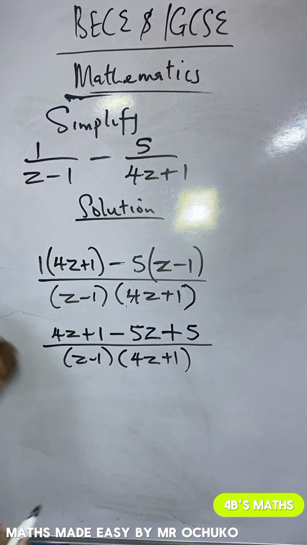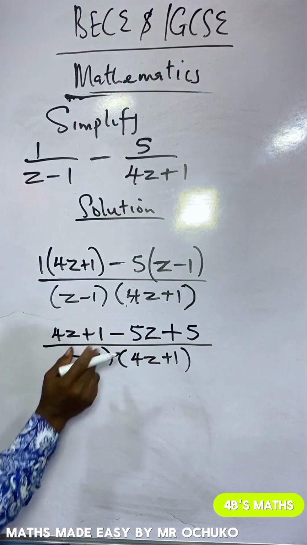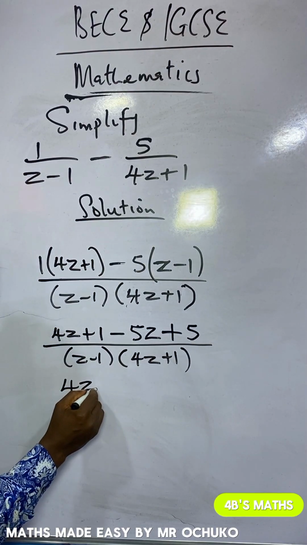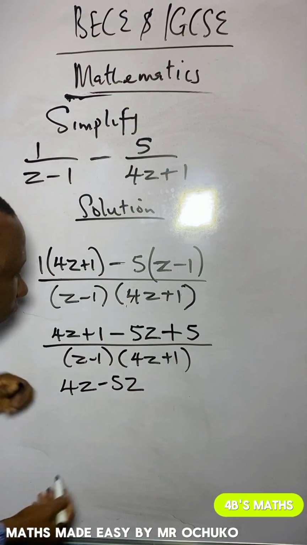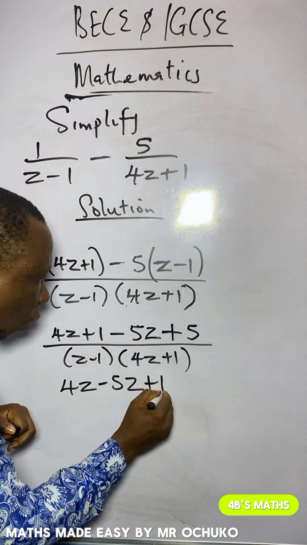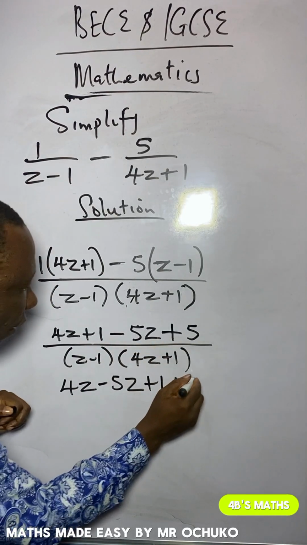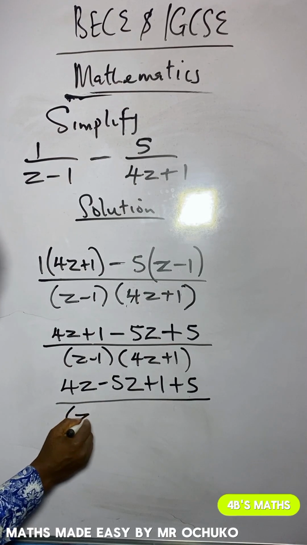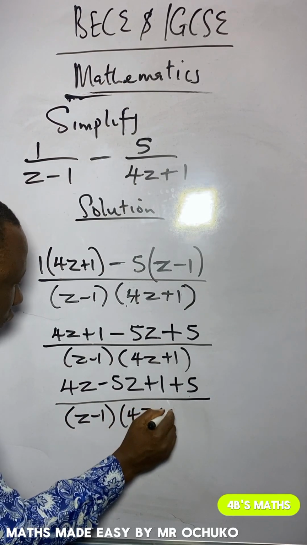So now we have to do the same thing. Collect like terms. What are like terms? The like terms are the terms that contain the letters: 4z, and the sign there is minus, minus 5z, then plus 1 plus 5. All over, don't expand this, you just leave it because you are simplifying, z minus 1 times 4z plus 1.